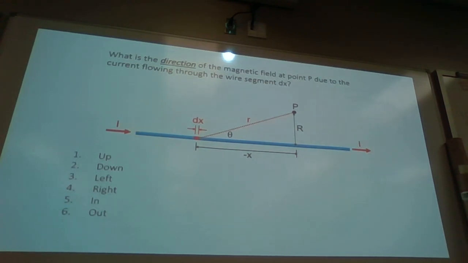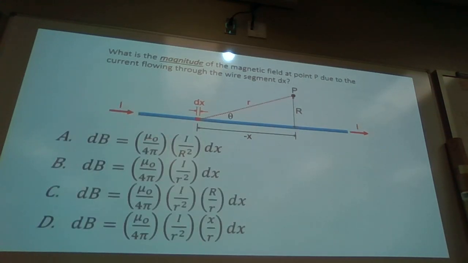Tell your neighbor. Agreed. Everybody good with the current okay? No, I remember the equations.